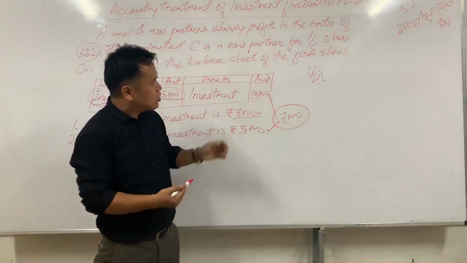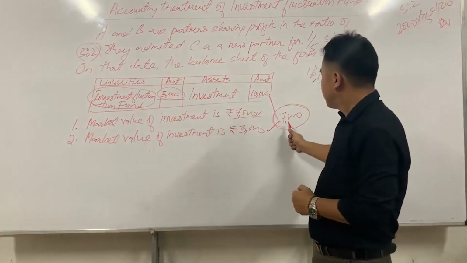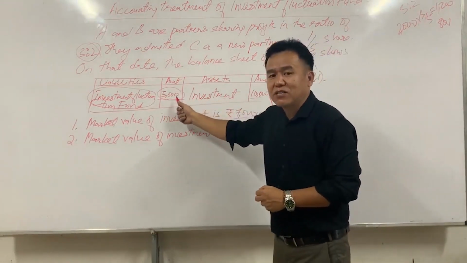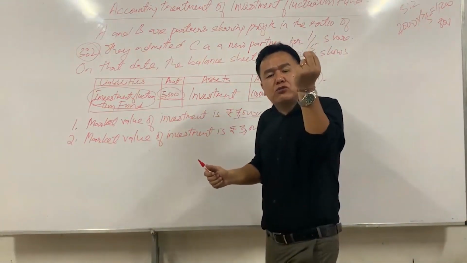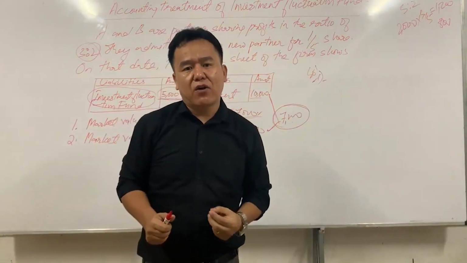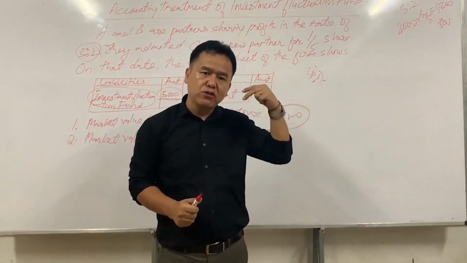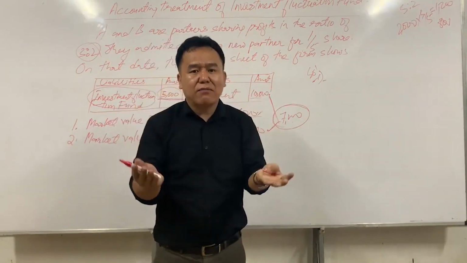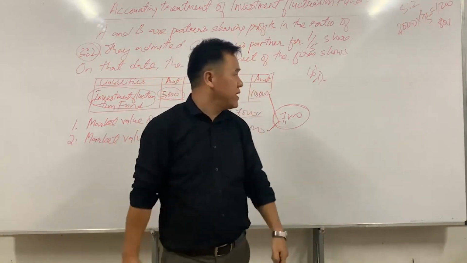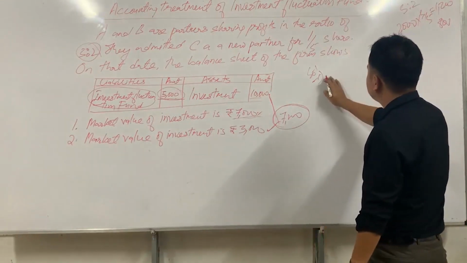No. Since there is a shortage of rupees 2,000, it will be borne by all partners' capital accounts in their own profit sharing ratio. If we do so, all partners' capital accounts will decrease. If they decrease, they should be debited. So the journal entry will be a reverse entry.